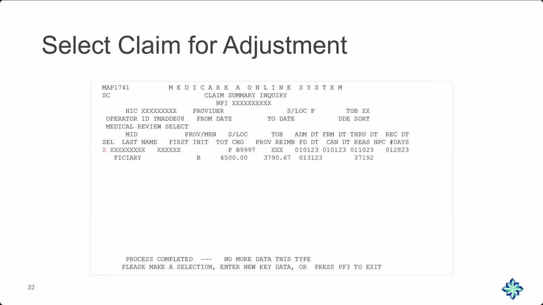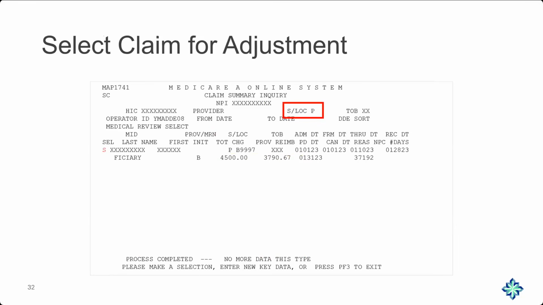Now, once you get here, a couple things to note. The status location is going to default to a P. P means paid or processed. So if you need to make changes to a rejected claim, tab to that field, change it to R, and press enter. Same process. You're going to select the claim and press enter.